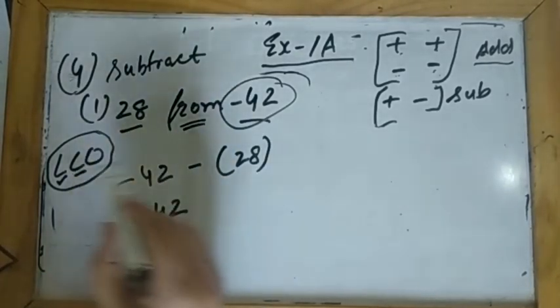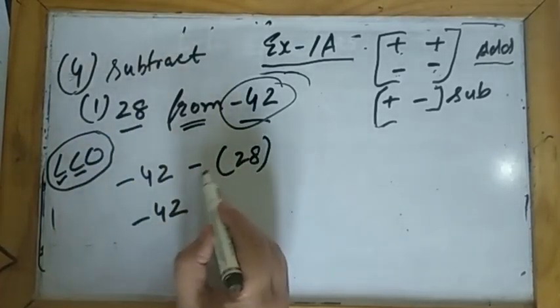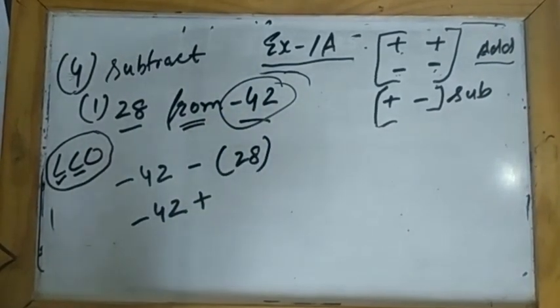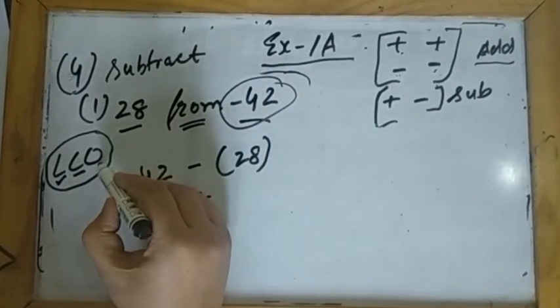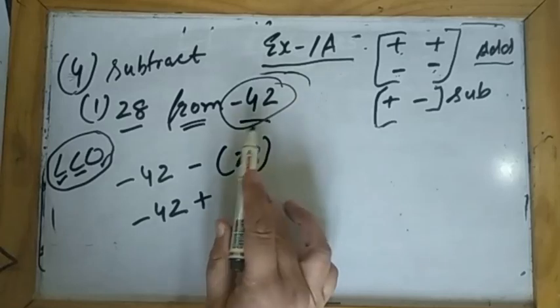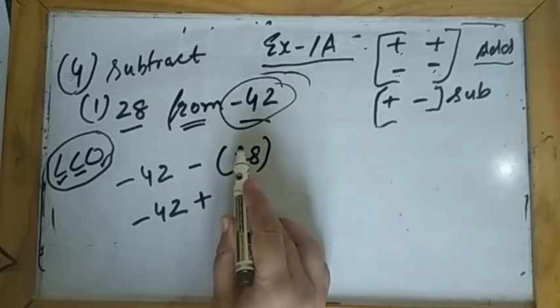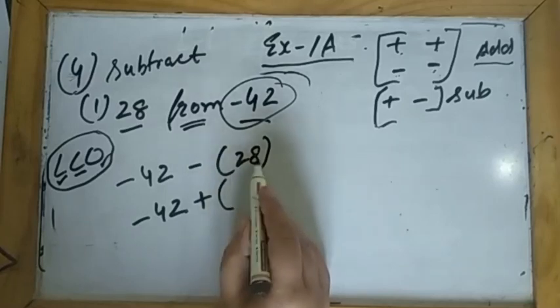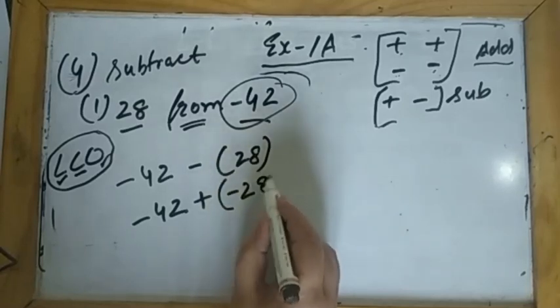C means Change, means this sign of minus I have to change into a sign of plus. And O means Opposite. Opposite means the second integer I have to write the opposite of it, means the additive inverse of it, means I have to change the sign of the second integer. This is a positive number, so it will become a negative number.